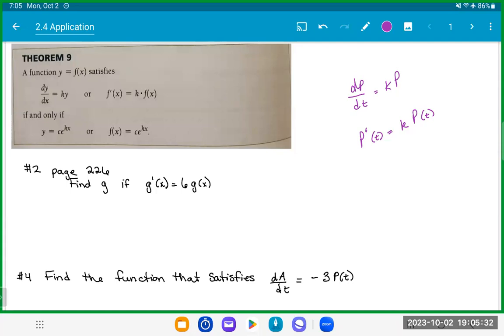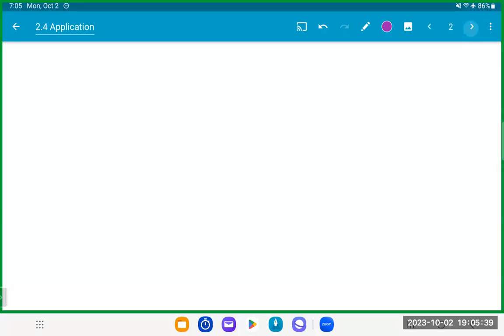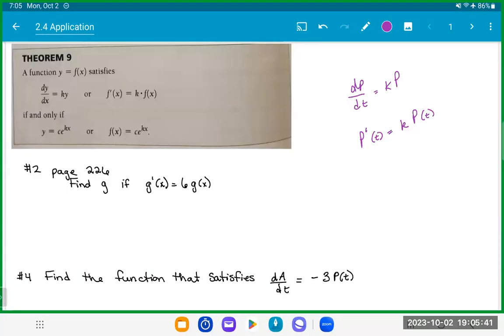We can't. There has to be some sort of limiting growth to that, and so our limited growth is a logistic equation, okay?